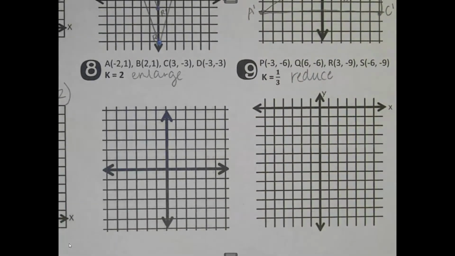And what we're going to do is, if you're virtual, I want you to solve those and just hold on to them. Those of you that are in class, I want you to finish those 2 by yourself. And then the sub is going to collect these papers up. All right? So that's what you're doing. You're finishing number 8, number 9, all on your own. I want them done by yourself. All right?